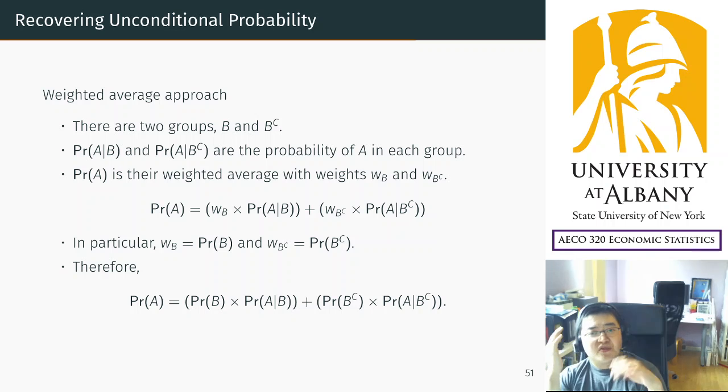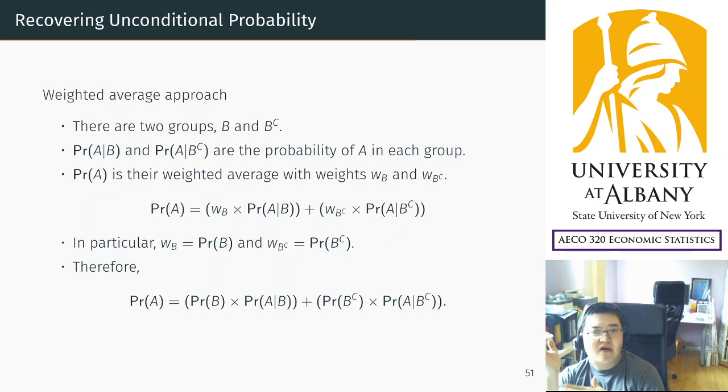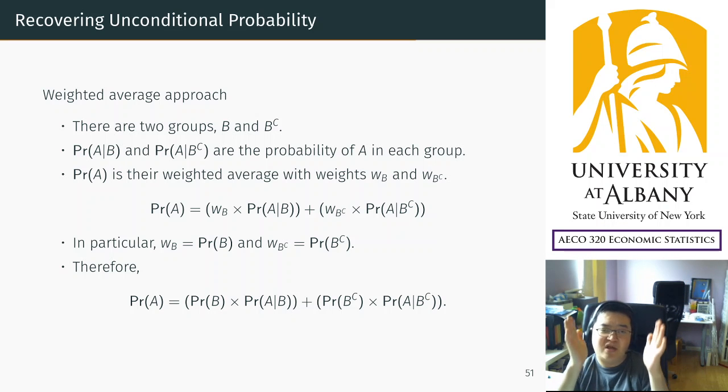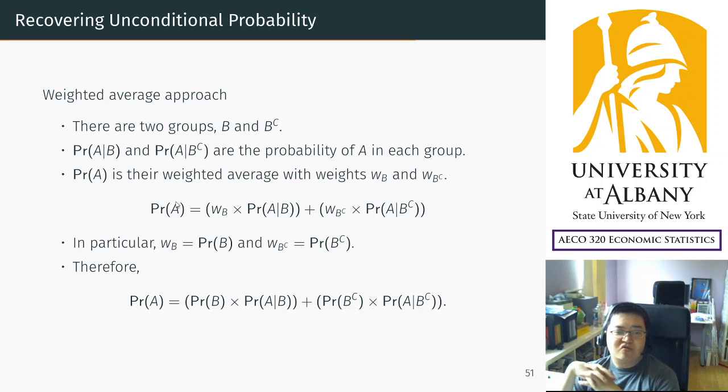Or if the probability of domestic batteries approaches 0%, then the overall defect rate will be close to 7%, right? Somewhere in between, it's just a weighted average. Where the overall average lies depends on the ratio between domestic batteries and imported batteries. So this was how we could recover the unconditional probability from conditional probabilities.